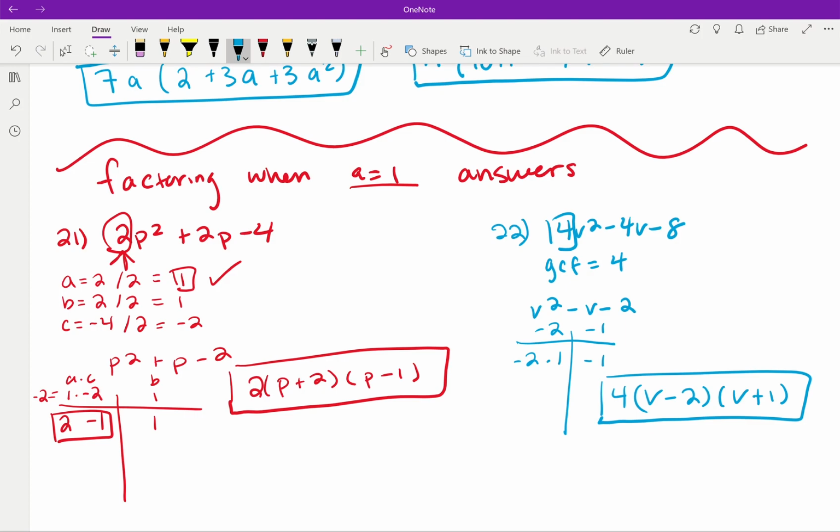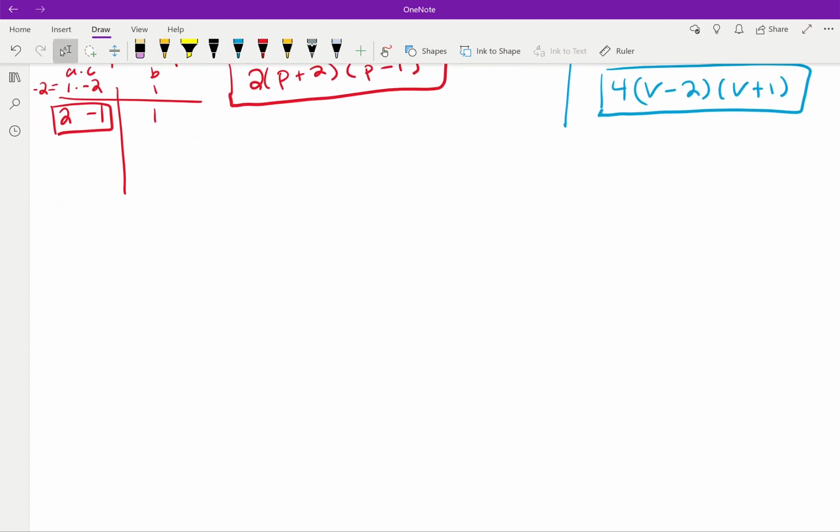Let's look at number 23. 23 says x squared minus 15x plus 50. Right here we see that our a value is already 1, so we can just start with our table. So I need two numbers that multiply to 50 and add to negative 15.